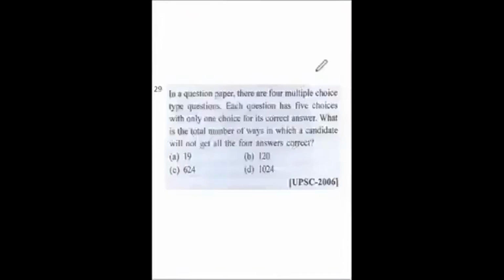In a question paper, there are 4 multiple choice type questions. Each question has 5 choices with only one choice for its correct answer. What is the total number of ways in which a candidate will not get all the 4 answers correct? In this question paper, 4 questions are there and each question is having 5 choices.